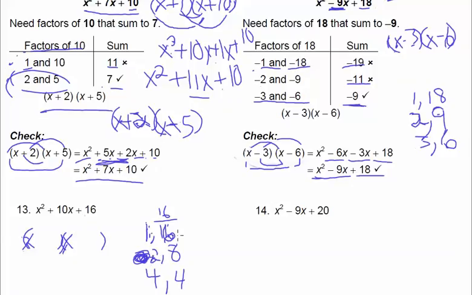So 1 plus 16 is 17, that doesn't work. 2 plus 8 is 10, and 4 plus 4 is 8. 8 doesn't work. 10 is what I wanted. This is all pluses, so it's going to be all positive, so I can just put in x plus 2 in the first one, plus 8 for the second one.